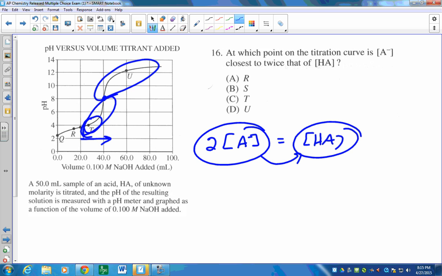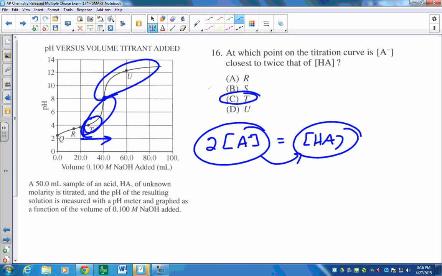You have to be past the half equivalence point, but not at the equivalence point. And I'll just check 15, no, that's 16. Yeah, 16. The answer is C, point T, and I think I got it right.